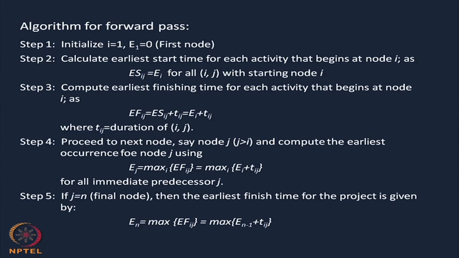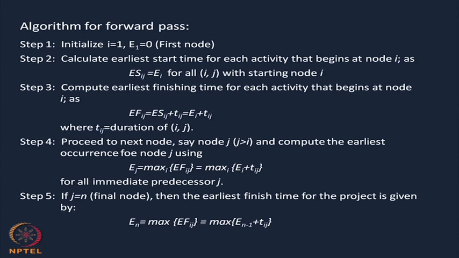The value will be E S I j plus T I j. E S I j you have already seen, the initial value, that is E I. So it will be E I plus T I j, where T I j is the duration of I j. Whenever we go through the problem, you will see how we calculate. Let us finish the mathematical part first.